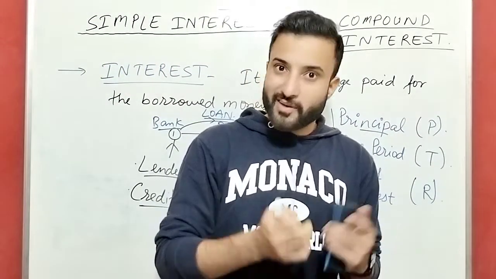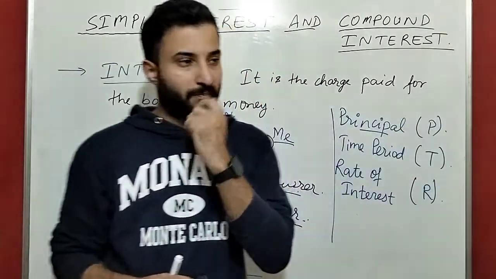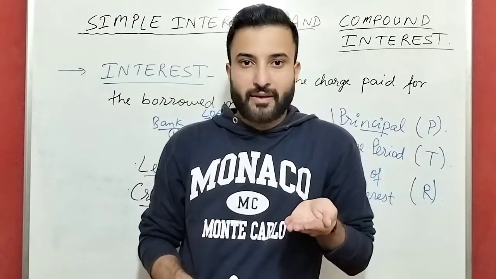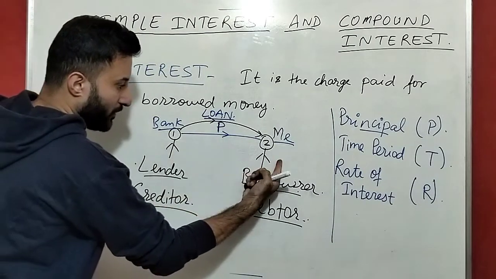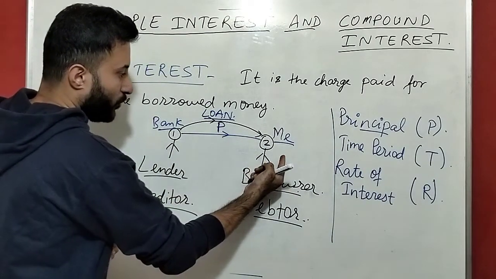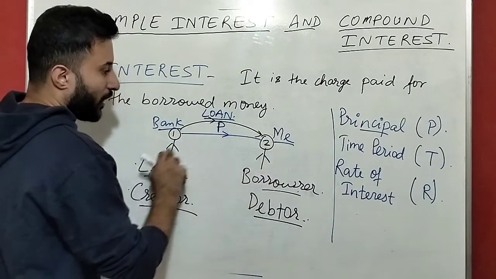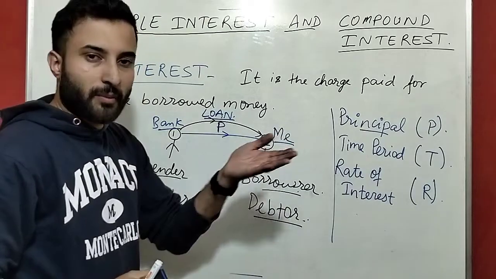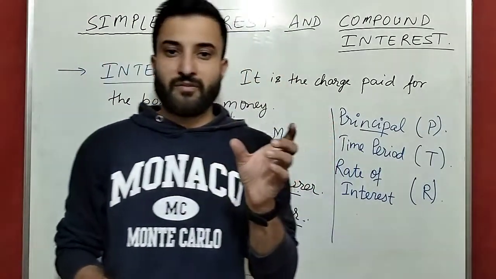Don't think that the bank will give the principal of a school. No, the bank will give the principal amount. This principal means how much amount the bank is giving. You can say the bank has given a loan to me, or some amount of money, or the principal. All of that is called the principal.